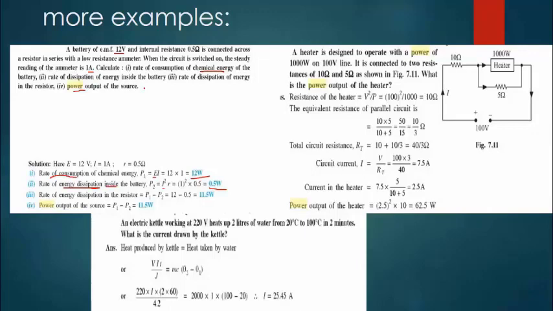I said earlier that the formula E is equal to IR plus Ir, which means that the EMF, the force that is produced by the battery, is split into force that will be used to drive current through external resistors, plus the force that will be used to drive current through the battery itself, the internal resistance.